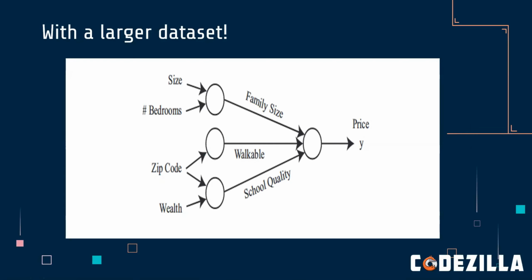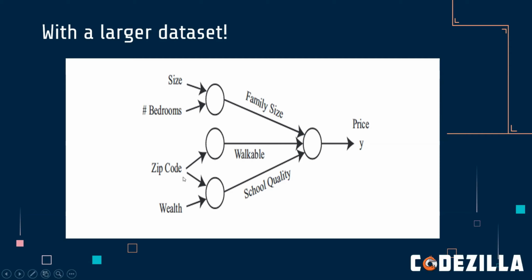Suppose we have gained access to more information. On top of the size of the house, you also know the number of bedrooms. So one of the things that affects the price of the house is the family size. The first neuron helps us to find the family size. There's another feature, which is the zip code. It tells us about the walkability.